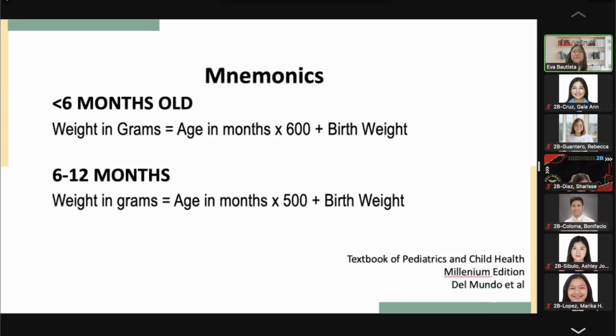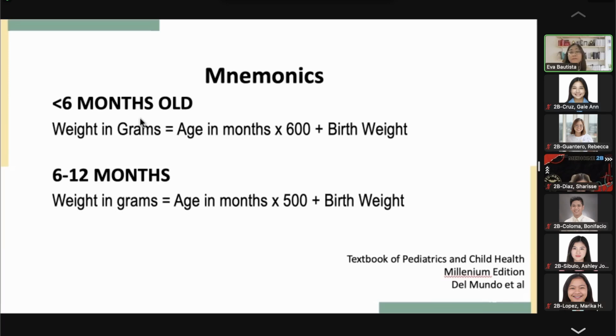Since we want to know if the weight is normal or abnormal, or pathologic, first we have to know what is normal. So if the infant is less than 6 months of age, we can approximate the weight by just knowing the age of the infant.